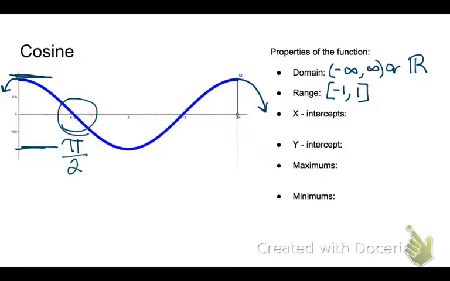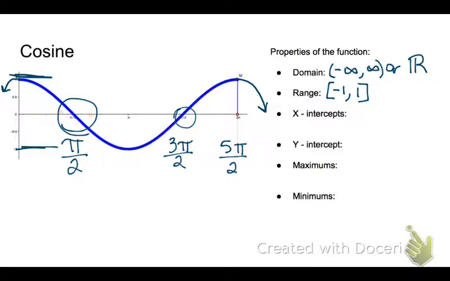The next time we cross the x-axis is at 3 pi over 2. When this function crosses the x-axis again, it will be at 5 pi over 2. And then again at 7 pi over 2.